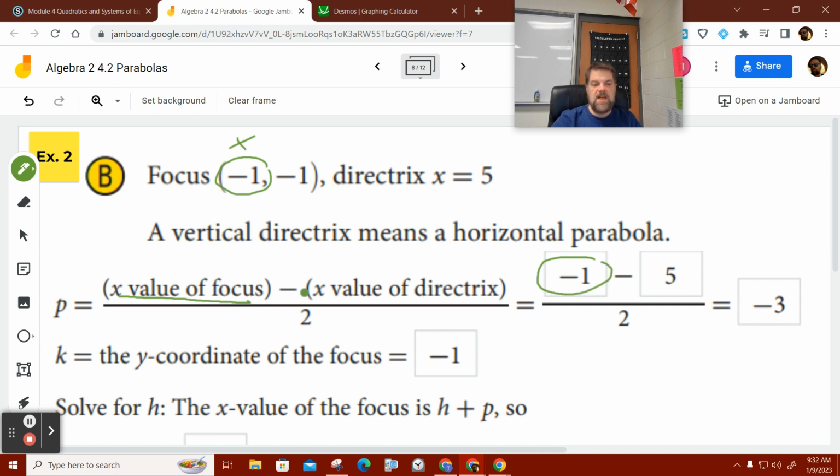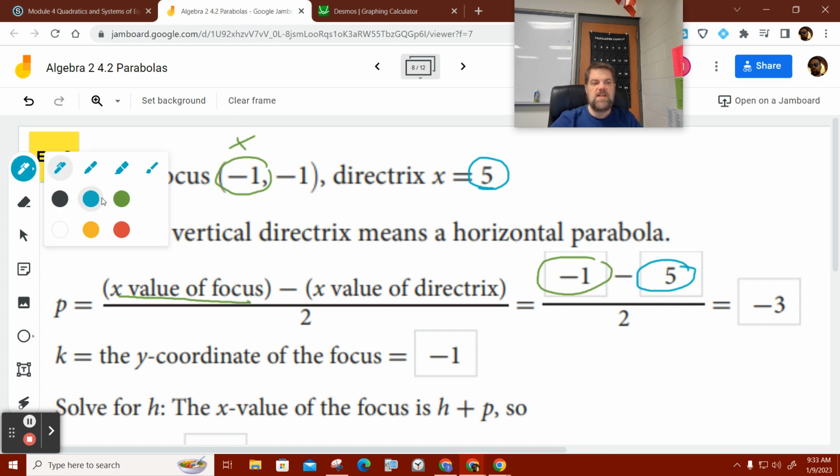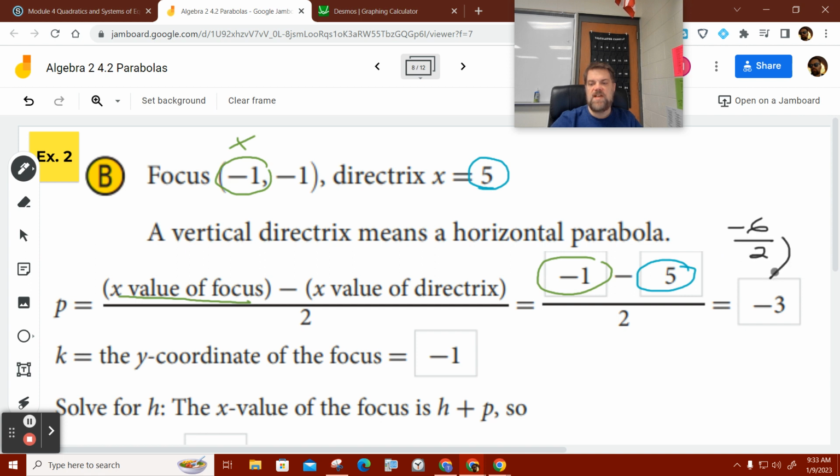Our formula has a minus sign, so I say minus, and then what is the x value of the directrix? Well, x equals 5, so that gets plugged in. Now, -1 minus 5 is actually going to be -6 over 2, which reduces down to -3. So my p-value is equal to -3.